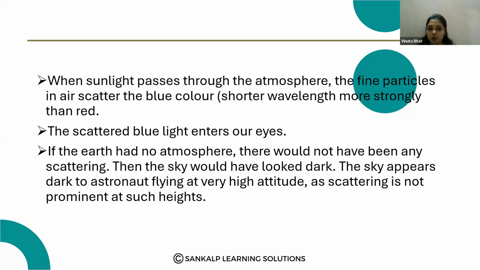So you have to include this: if the earth had no atmosphere, there would not have been any scattering, then the sky would have looked dark. The sky appears dark to astronauts flying at very high altitude as scattering is not prominent at such heights.